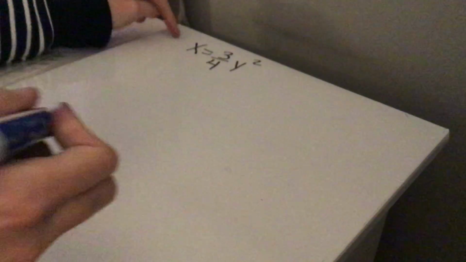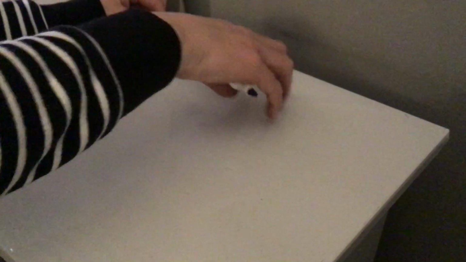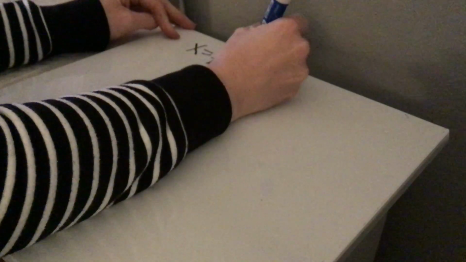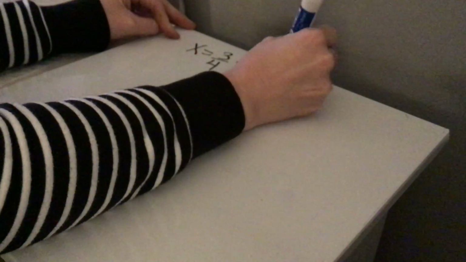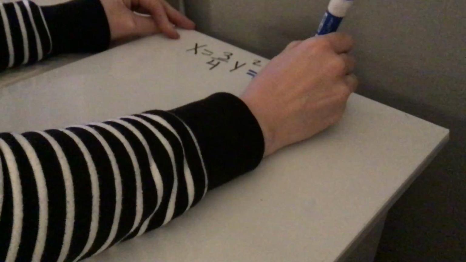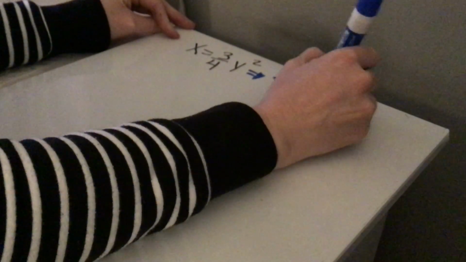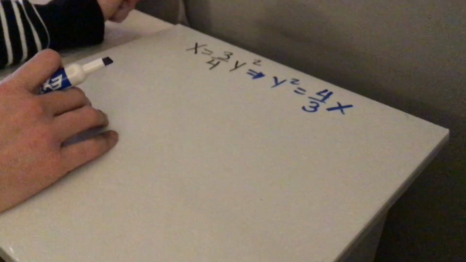Okay? So for parabolas, the standard form always has the squared term isolated by itself. So we're going to rewrite it. Since y is squared, we want y squared by itself. Okay? So you do that by multiplying by 4/3. So we get y squared equals 4/3 x. Okay? Now it's in standard form.